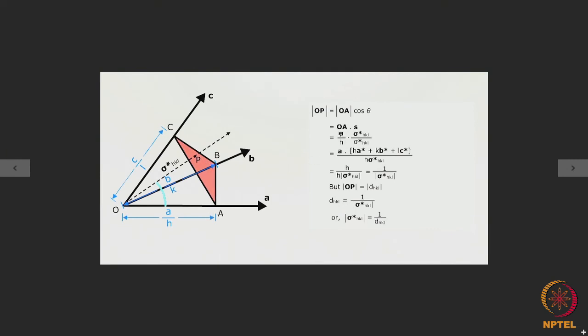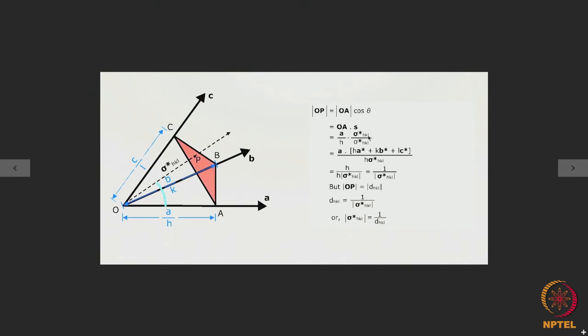So, we can also write it as OA vector dot S, the unit vector along OP, it is the same thing. So, how much is this? OA is the vector a by h, dot product, what is S? The unit vector along sigma star HKL.